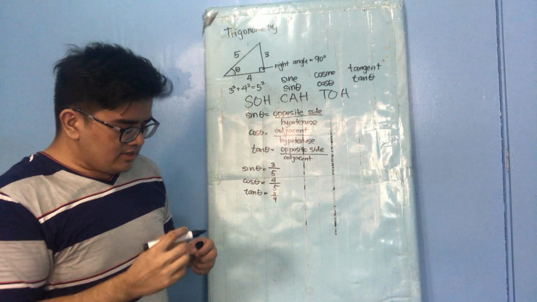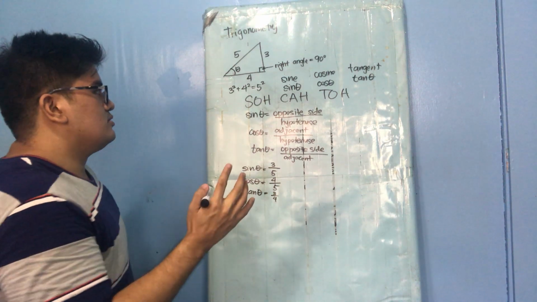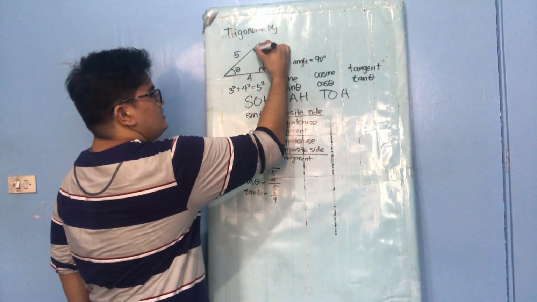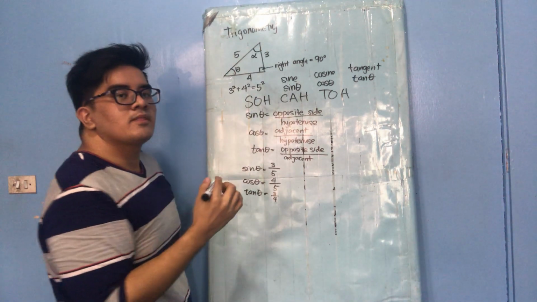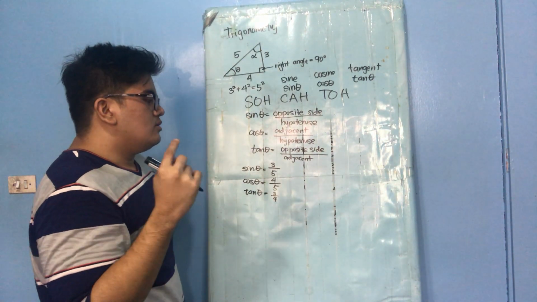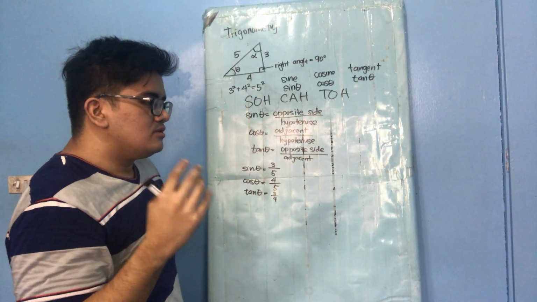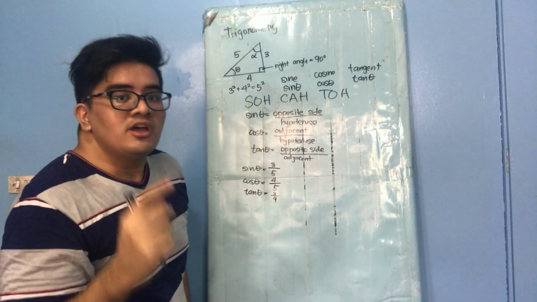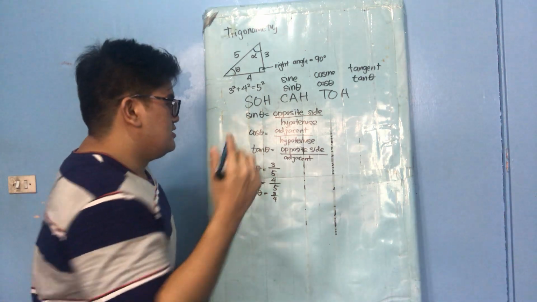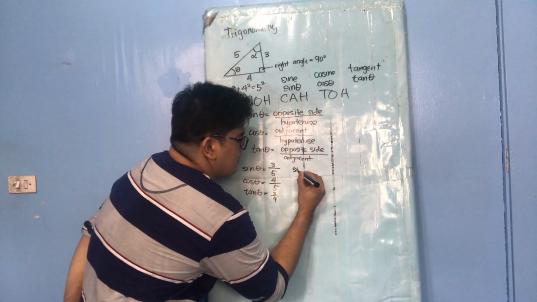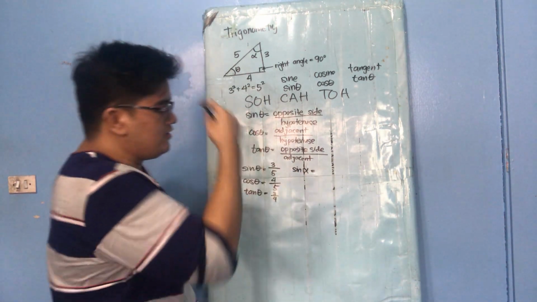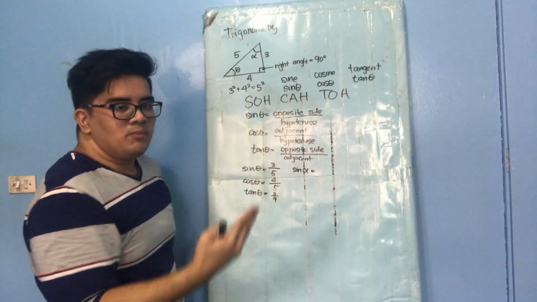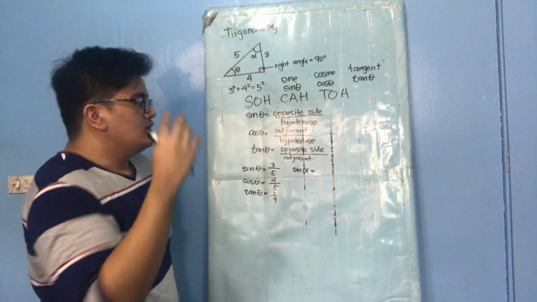Now, one might question, what about if we consider an angle here, alpha? Now, we might ask, does that angle have its corresponding trig functions? Yes, of course. Now, what is the sine of alpha? The sine of alpha, as defined by this, is the opposite side over the hypotenuse.